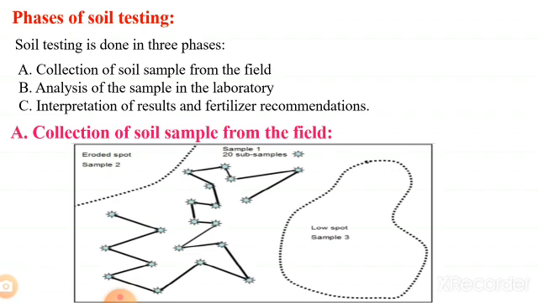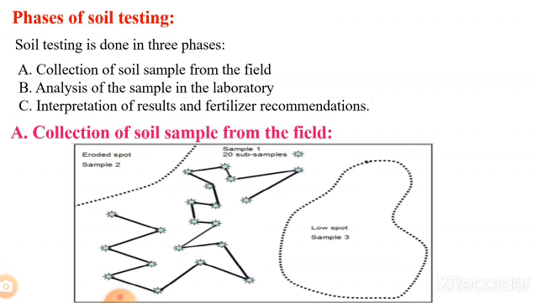Soil sample cannot be collected at any time throughout the year. That is why summer is the most appropriate time for the collection of that sample. The sample may be collected after the harvest of crop as the soil is dry at that time.